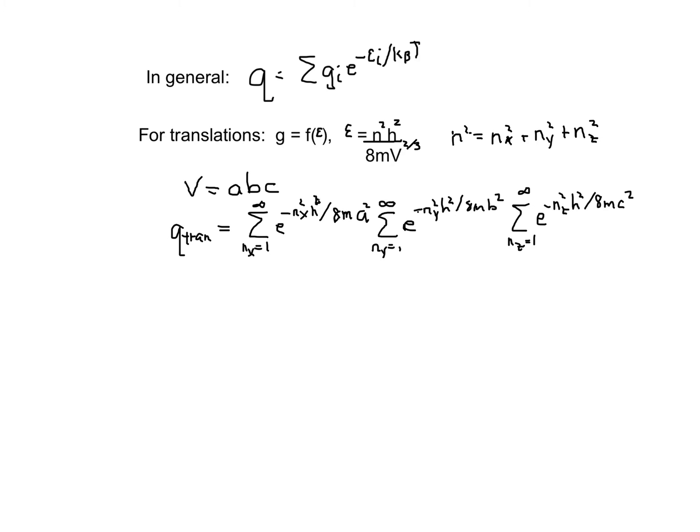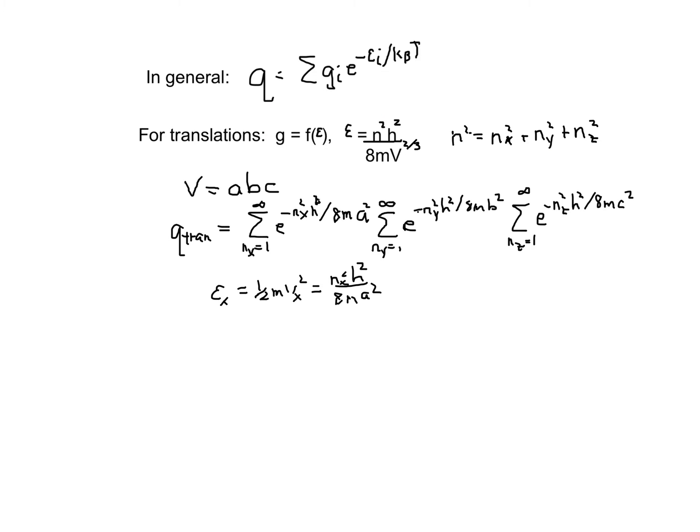Remembering that nx describes motion in the x direction, Ex, the energy in the x direction, which is all kinetic energy, or 1/2 m times the velocity in the x direction squared, is equal to nx squared h squared over 8m a squared.